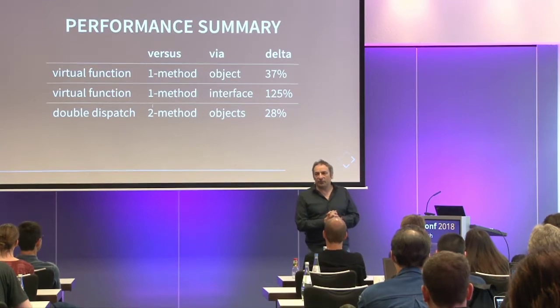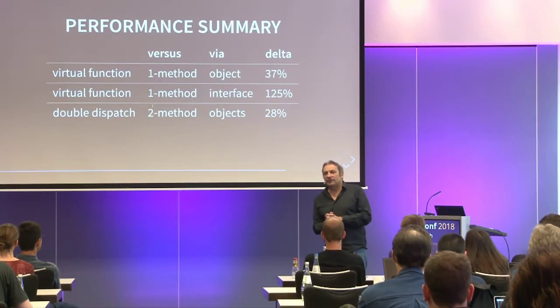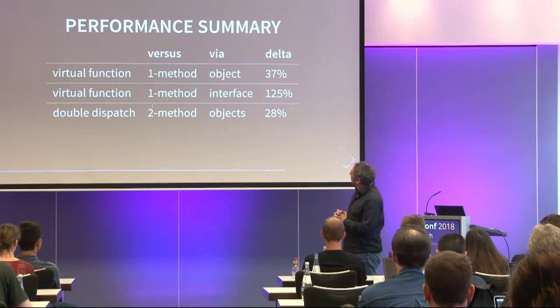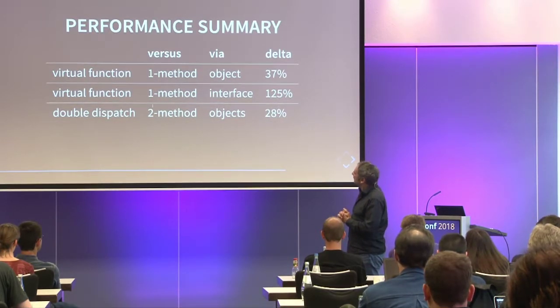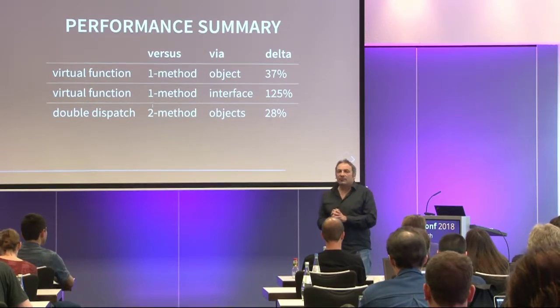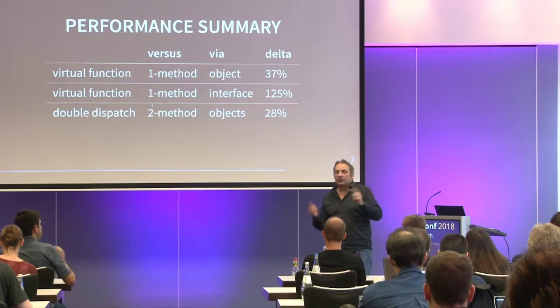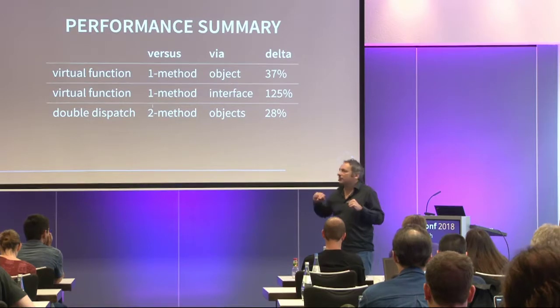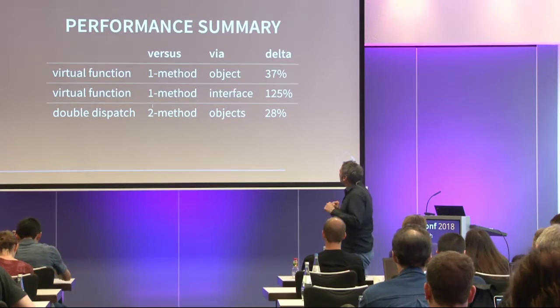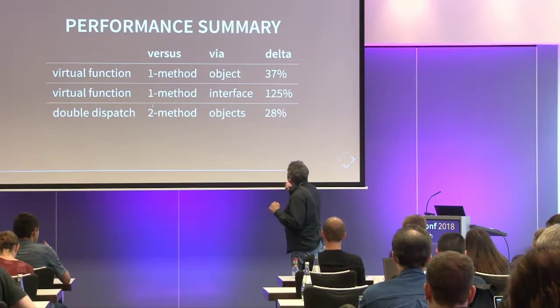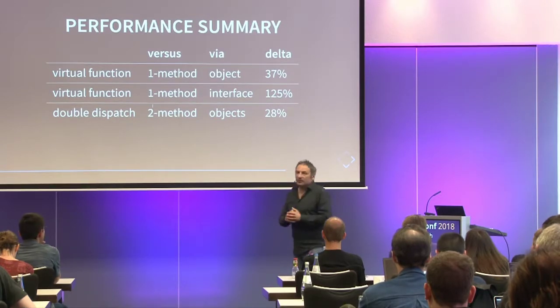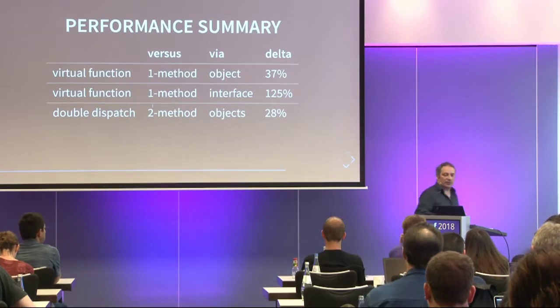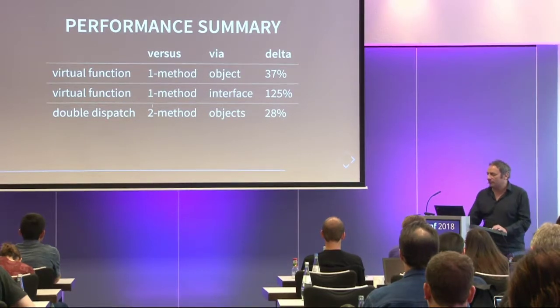Even for virtual functions, calling via an interface is a bit slower, but for uni methods, it takes twice as much time. And for double dispatch, if you implement it via 2 virtual function calls, good luck to make it work with 3 virtual arguments, by the way. In that case, open multi-methods are 28% slower than the compiler supported 2 virtual function calls.